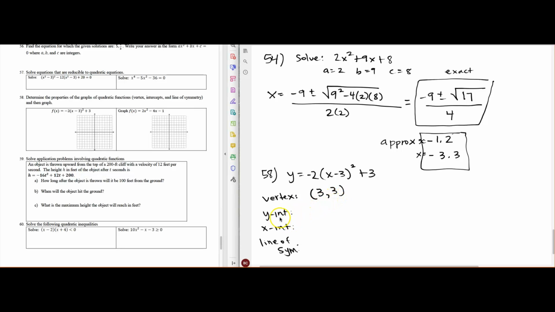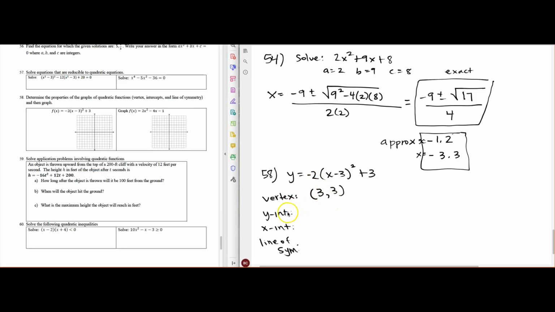Okay, how do we find the y-intercept? It's going to be the b, so it's 0, 3. Okay, because you would just let x equals 0, right? If it's in standard form, you could say, like on the other one on 58, that negative 1 is the y-intercept. But let's look here and see if that's true also here.